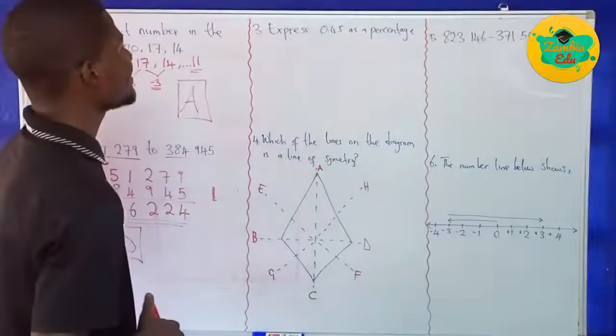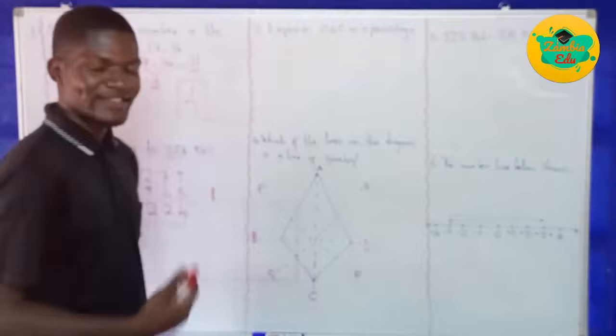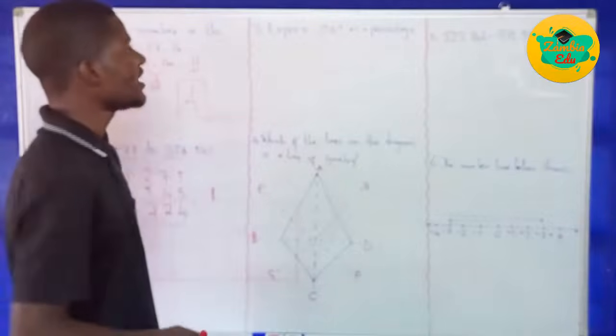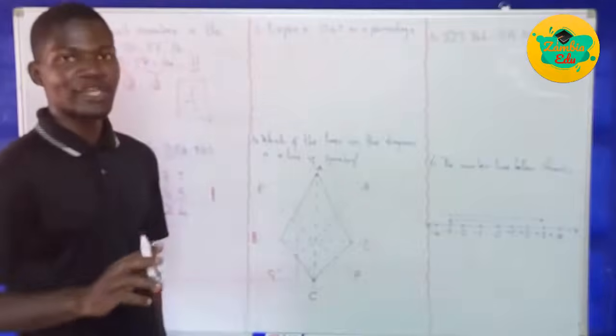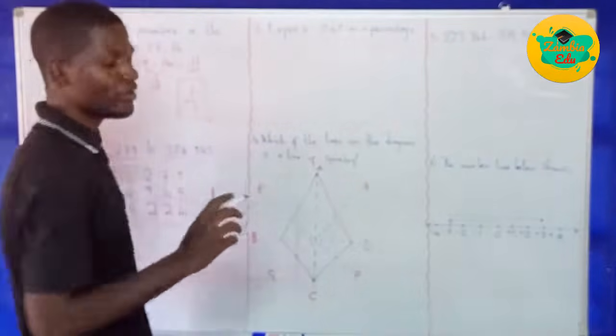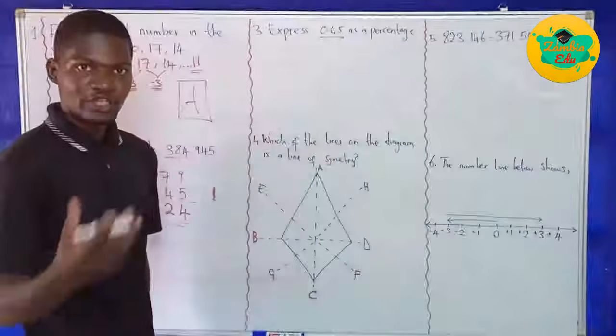Question number 3 says, express 0.45 as a percentage. Express 0.45 as a percentage. There, the only thing that you are doing is converting this decimal number into a percentage.